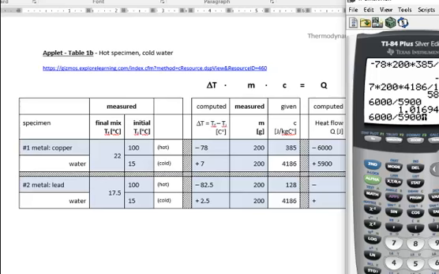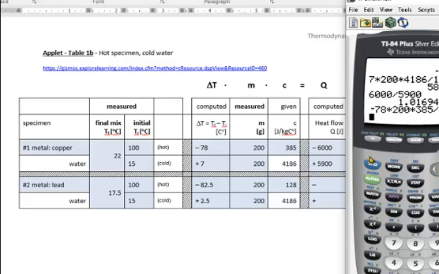All right, going to do the lead. Hold on. There we go. So negative 82.5. This one here needs to be switched to 128. Oops. I could have typed that already. There we go. So negative 2,100, and then the water. There we go.